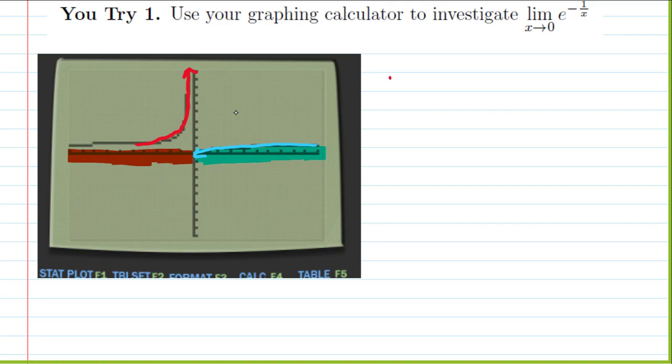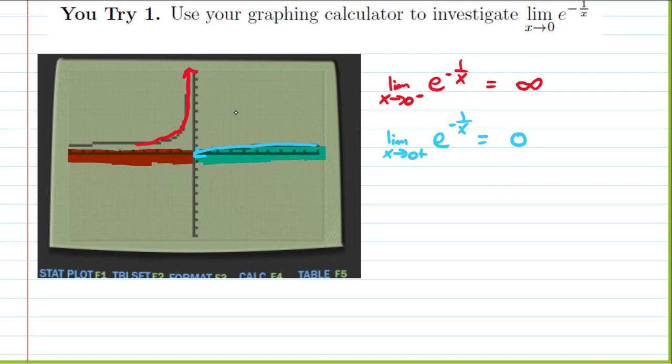So then the limit as x approaches 0 from the left of e to the -1 over x looks like it goes up to +infinity. And the limit as x approaches 0 from the right of e to the -1 over x looks like it gets close to 0.